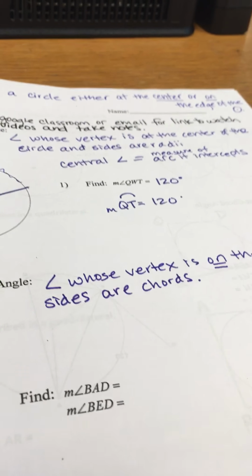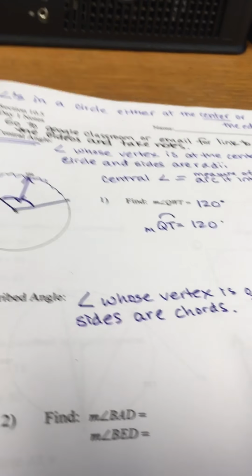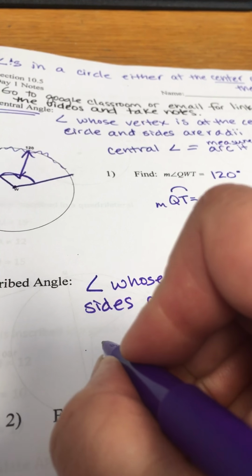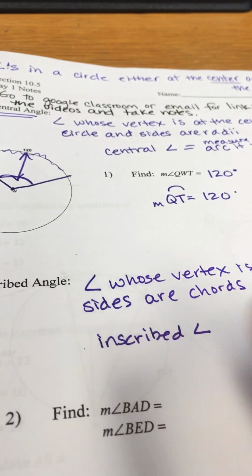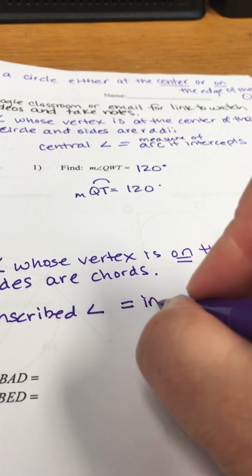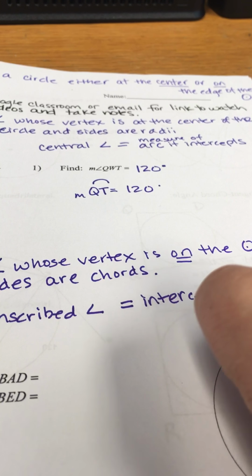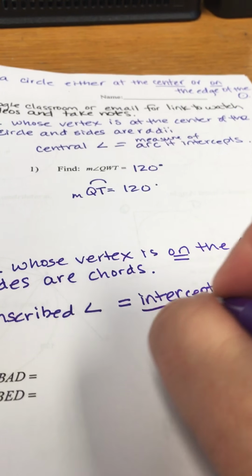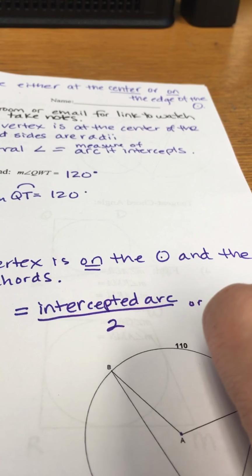It does not have to go through the center. Any inscribed angle is equal to the arc it faces, the intercepted arc, divided by 2, or 1/2 the arc.